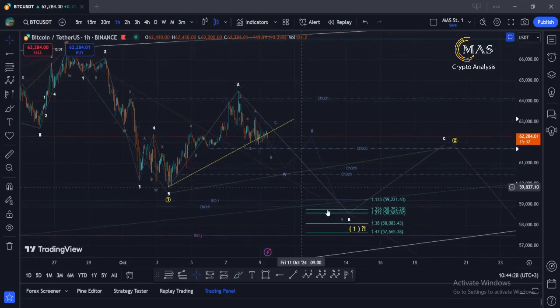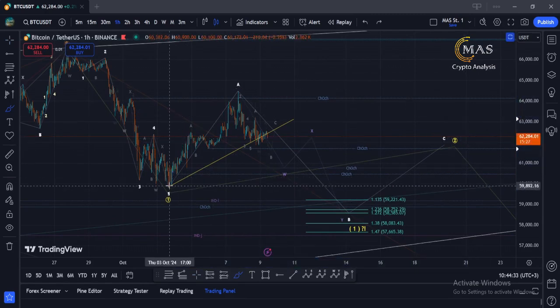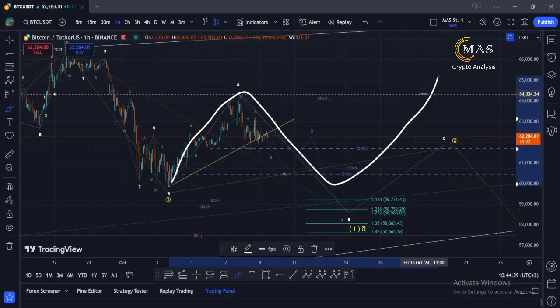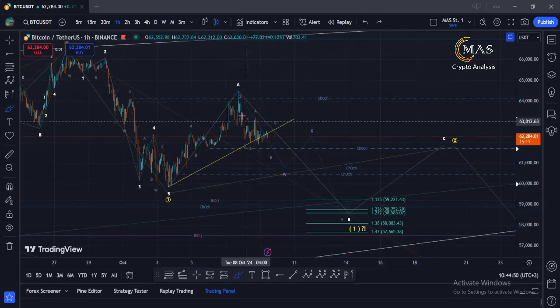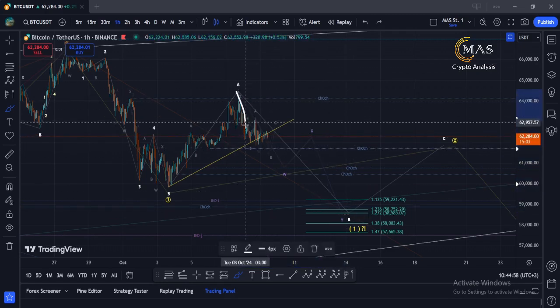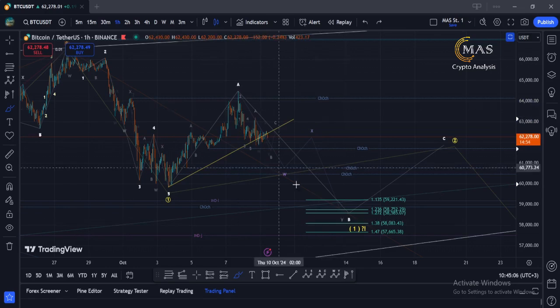Here, my main target for this area or this zone, we need three waves in this white counting, A, B, C. This is the first one, and my other preferred analysis for the same wave is a running flat pattern ABC, and only for this white B I expect to see three waves, W, X, Y. I need three waves here, my friend, for ending this white B.